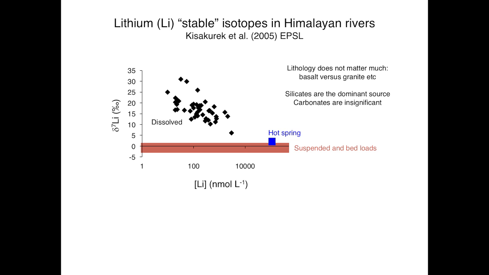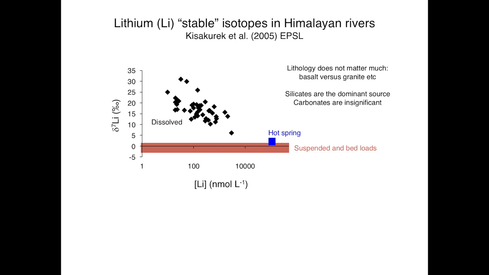Now, what we know about lithium is that the continental crust, it varies a bit, but is relatively homogeneous in its lithium isotope composition. It's about the top of that red band, or the same as that hot spring. And that's a good thing because it's not like strontium. If we weather the continental crust, we know the average lithium isotope composition it should have.